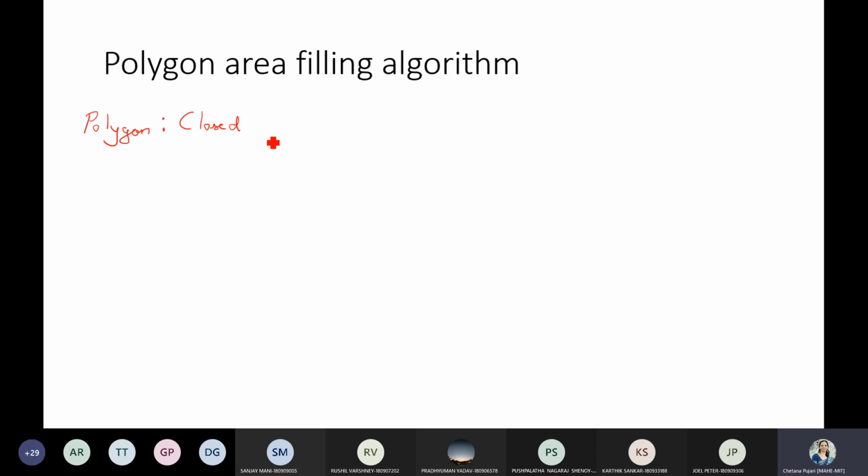Whatever your friend mentioned, like triangle, rectangle, octagon, and so on, the one thing they have in common is that they are all closed figures. Hence we call it a polygon, and poly is nothing but many, right? You have many edges in this. So a closed figure with at least 3 edges. Minimum, it needs to have 3 edges.